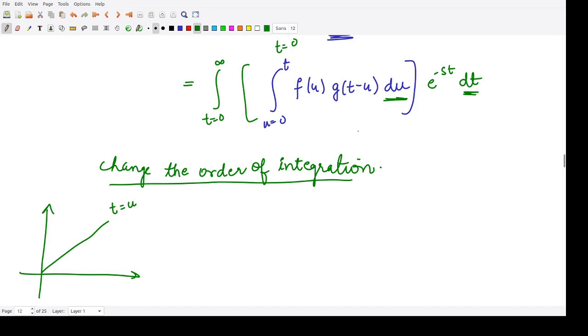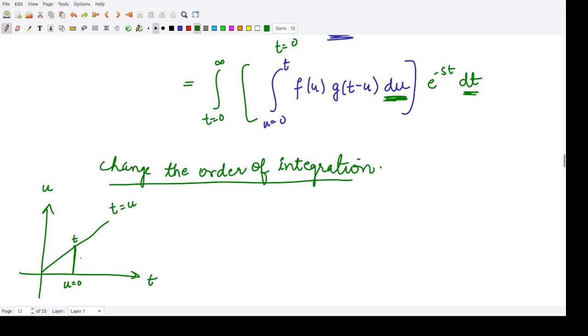Earlier, because the limits were first taken with respect to u, we were considering this vertical line. This is your t axis, this is your u axis. So u was earlier varying from 0 to t, because on this curve t is equal to u, so u varies from 0 to t.